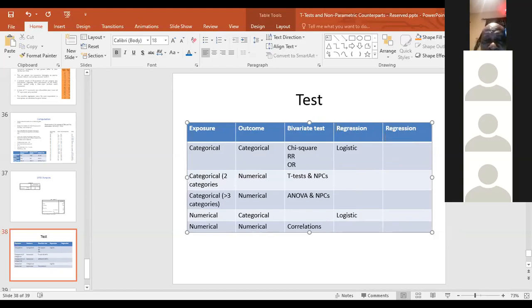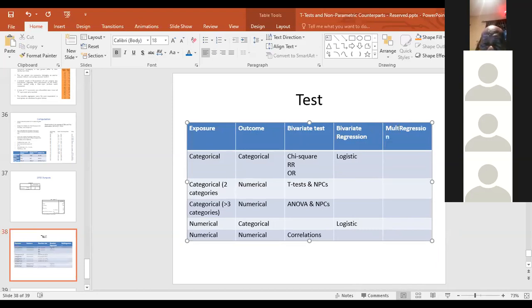This is bivariate regression, and the multivariable. Multivariable means that the outcome is usually one, but the exposures are many.